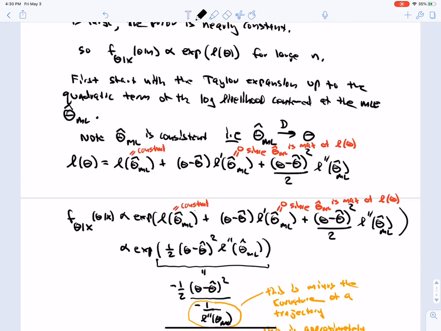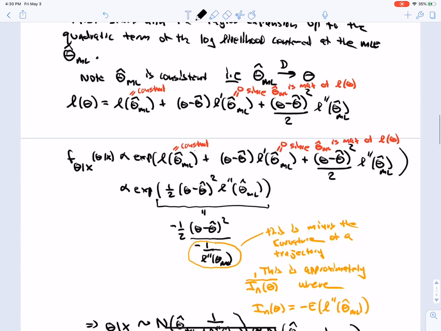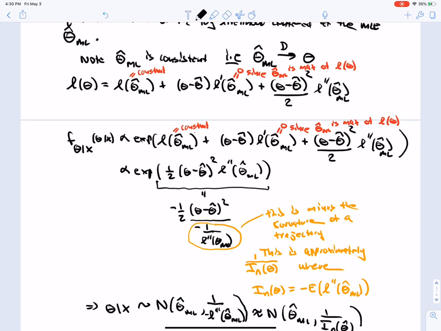When we take the exponential of this, we get that the posterior is proportional to the exponential of 1/2 (theta minus theta hat) squared times this term, the second derivative at theta hat ML. And we can put that term in the denominator, so you can make it look like a normal density.